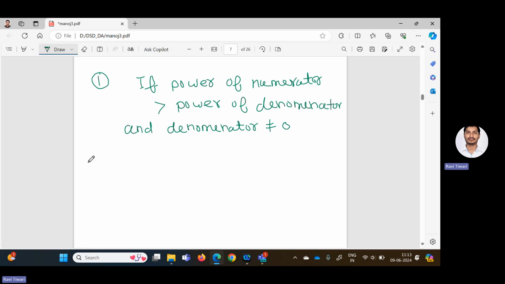I will give one example. Suppose we are having this function, we have to calculate the limit. Let f of x, y equal to x cube minus y cube, or x cube plus y cube, you can choose any function, divided by x plus y.